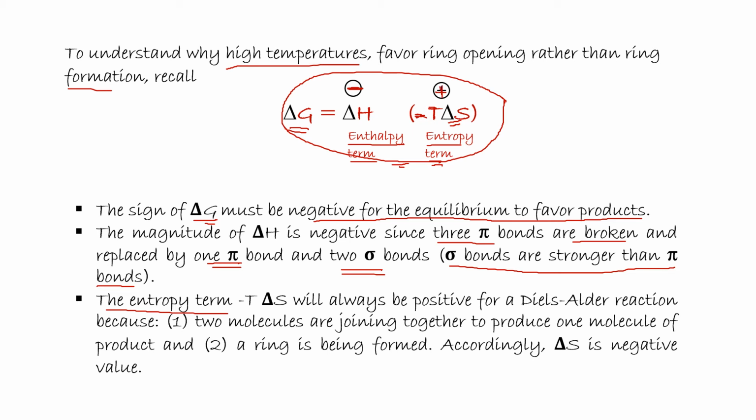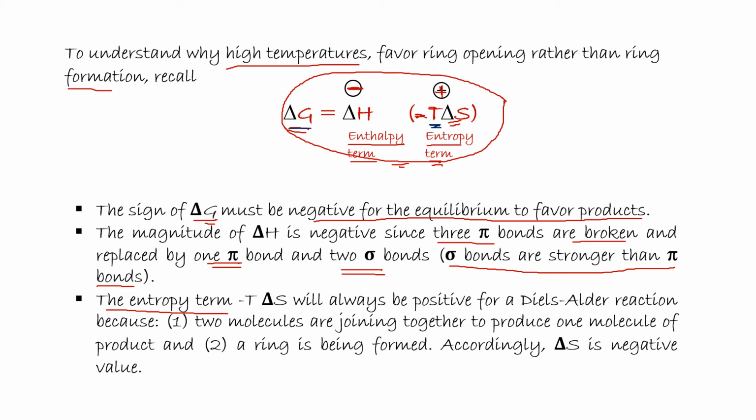At moderate temperature, the enthalpy term will dominate and the total sign of delta G will be negative. At very high temperature, measured in Kelvin, this value will be highly positive and in charge, and delta H minus T delta S will be positive.